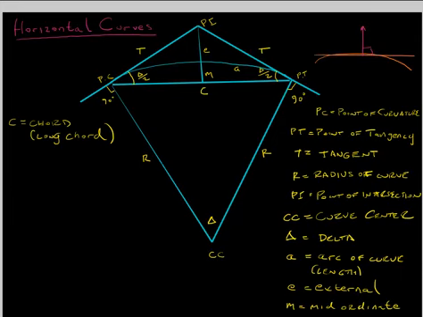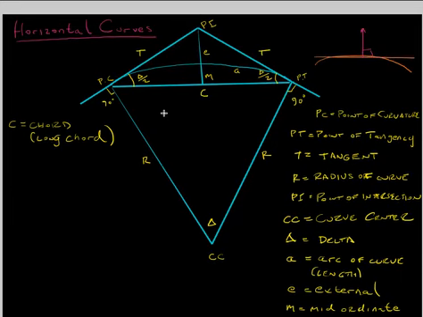If you're surveying, you're going to be dealing with this horizontal curve a lot. So you want to get yourself familiar with the parts, and in the next video I'm going to teach you how to calculate all these different parts of the curve.